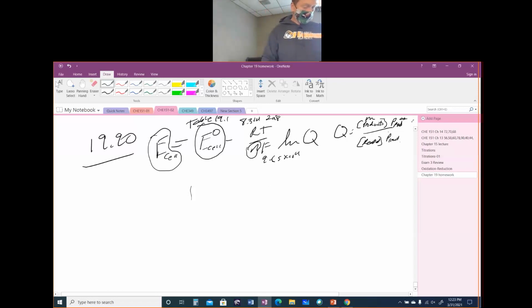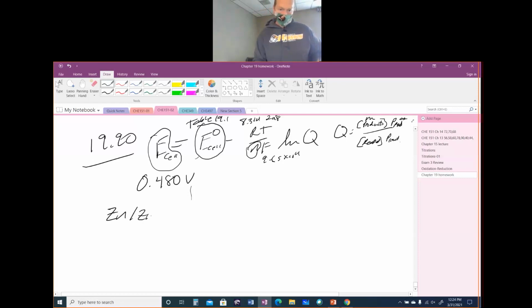All right, so in 19.90, it says the cell potential for the following cell at 25 degrees Celsius is 0.480. So they're giving you the E cell, 0.480 volts. And then they give you the cell notation.